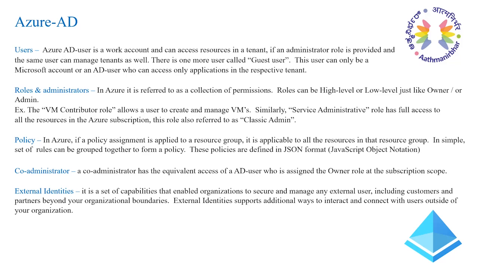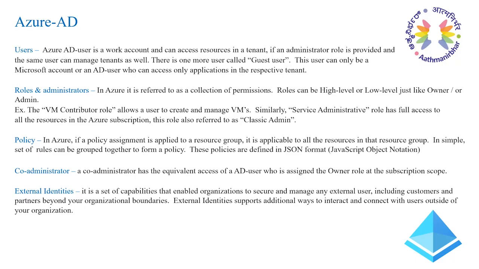So we have something called external identities. It is a set of capabilities that enable organizations to secure and manage any external user, including customers and partners, beyond your organizational boundaries. So external identities support additional ways to interact and connect with users outside of your organization. To do this, there should be some common platform where employees from multiple organizations will be able to interact with each other, correct?